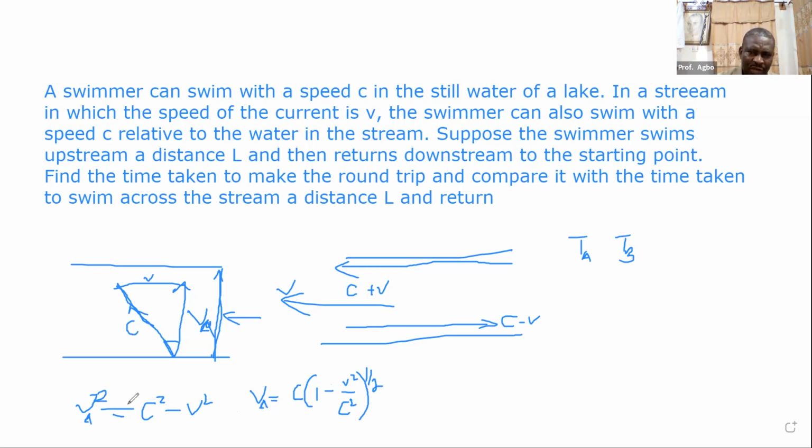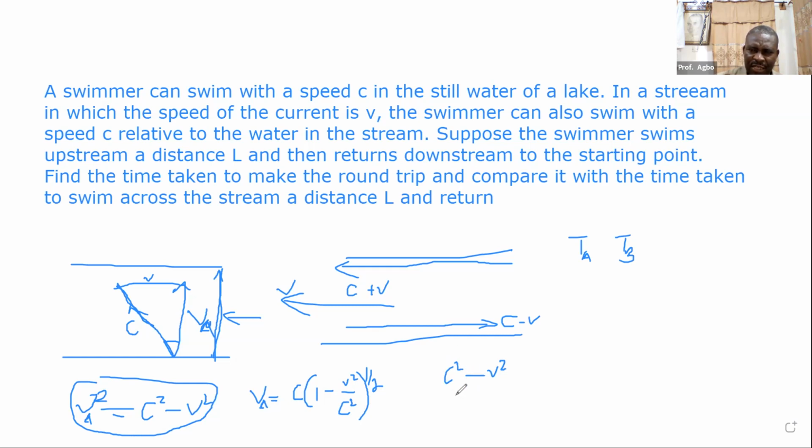What we are doing here is, if you look at this equation, we take C squared minus V squared and divide both sides by C squared.